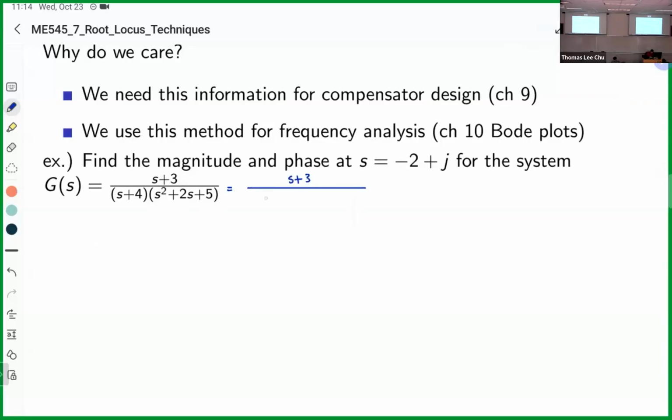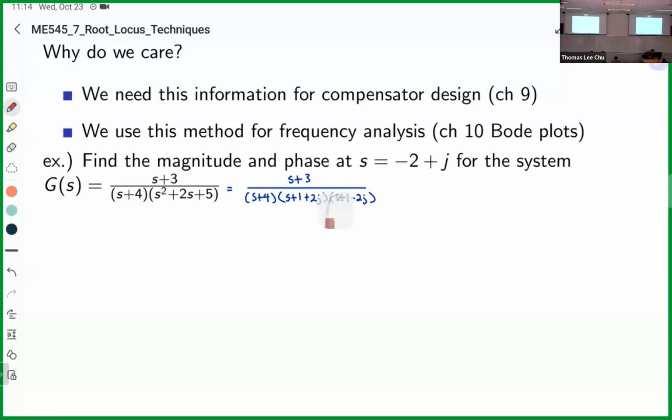So we get S plus 3 divided by S plus 4 times S plus 1 plus 2J, and then S plus 1 minus 2J. Just to make a note here, this S plus 1 means it has a real part at -1 and an imaginary part at -2 and a real part at -1 and a +2. So just note that this plus sign means it's a minus real part for the pole location.